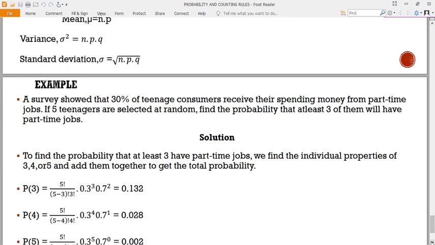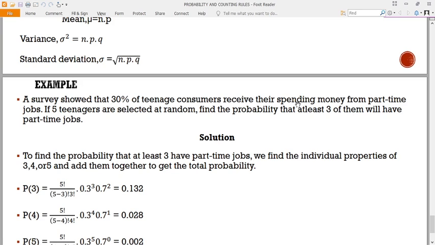So an example on that: a survey showed that 30% of teenage consumers receive their spending money from part-time jobs. If 5 teenagers are selected at random, find the probability that at least 3 of them will have part-time jobs. So we are interested in getting the probability that at least 3 of them, meaning they want 3 and above.